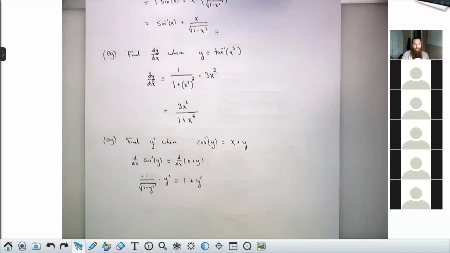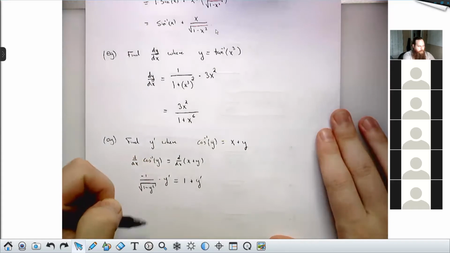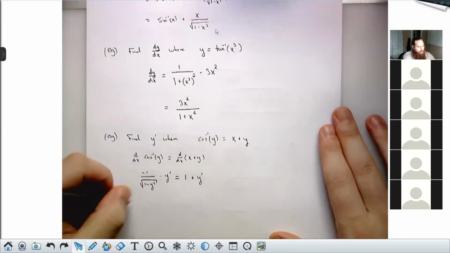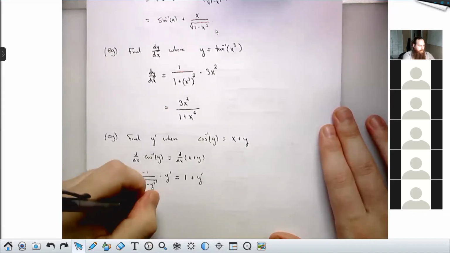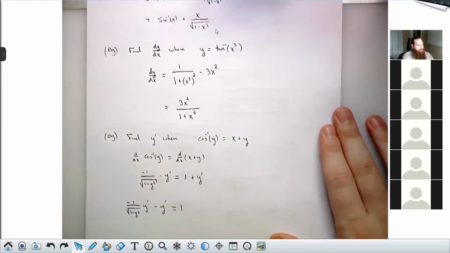Again, I want to solve for y prime. So I'll subtract this term over here, and then I'll be able to factor something out. I'll have -1 over the square root of 1 minus y squared times y prime minus y prime equals 1.